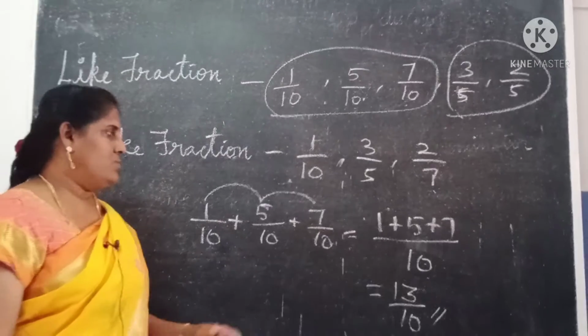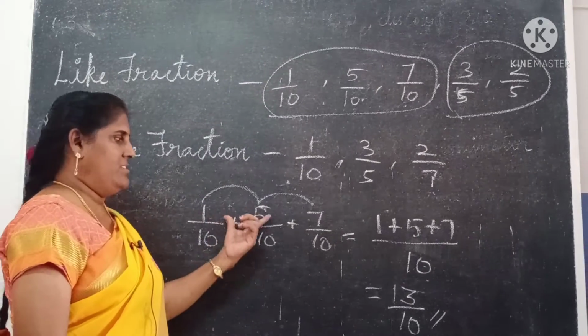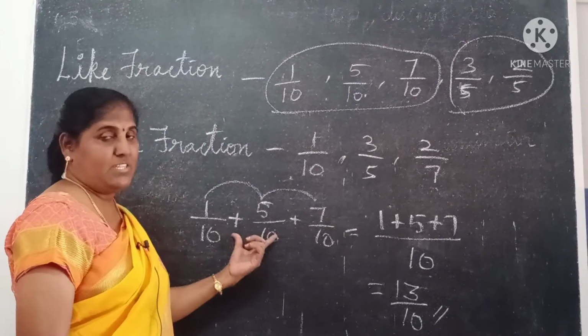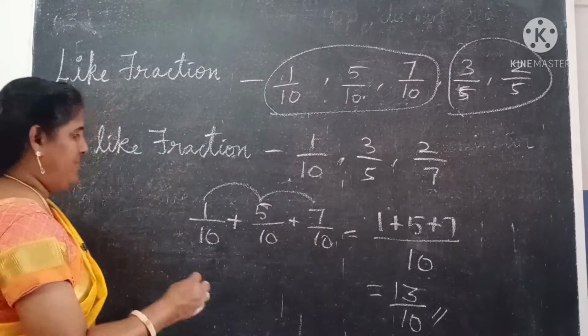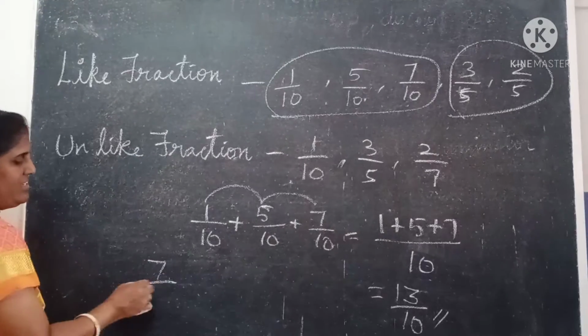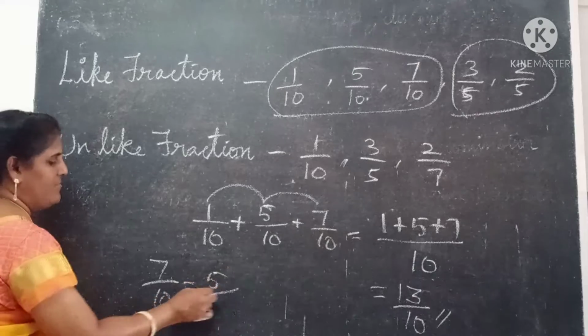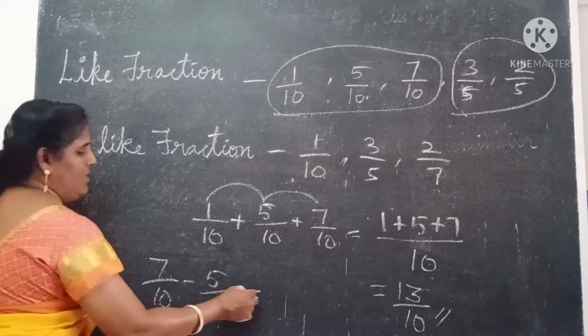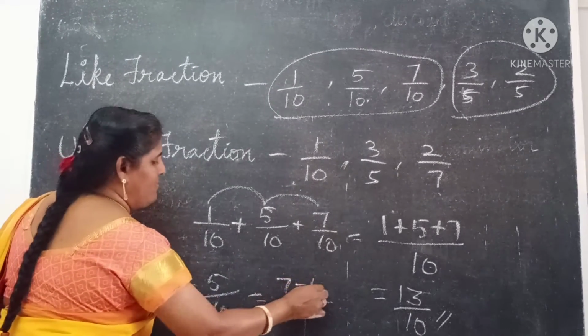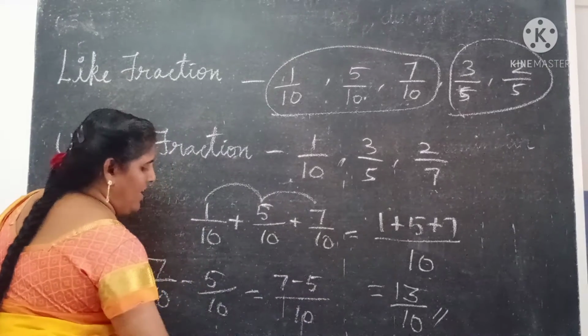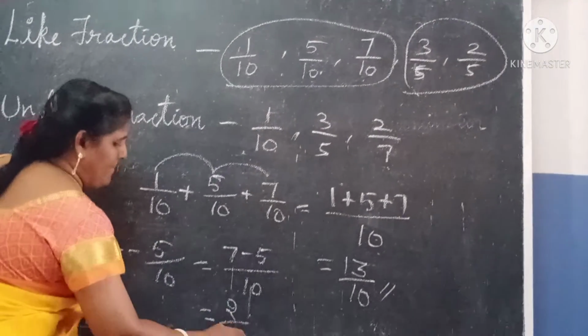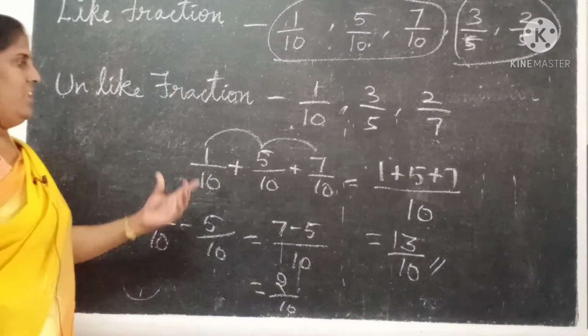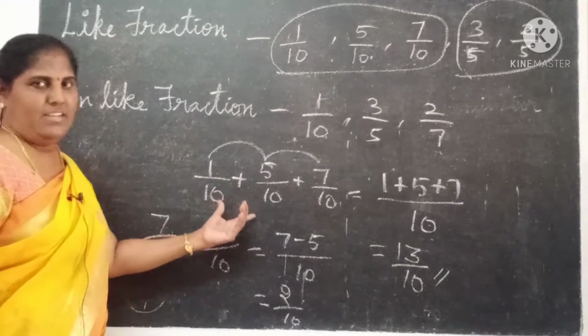Okay children? So if denominators are same, as like fractions only we can add and subtract. For example, 7 by 10 minus 5 by 10. Here also denominator is same, so we can subtract the numerators, 7 minus 5, whole divided by 10. Answer is 2 by 10. So like fractions only we can add and subtract.